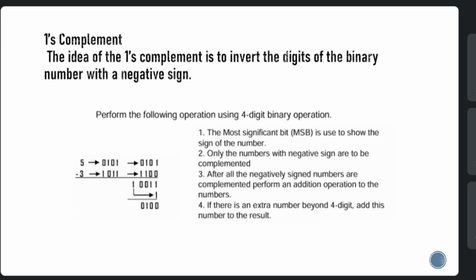The most significant bit is used to show the sign of the number. Only the numbers with a negative sign are to be complemented. After all the negative signs are complemented, perform the addition operation on the numbers. If there is an extra digit beyond 4 digits, add this digit to the result.